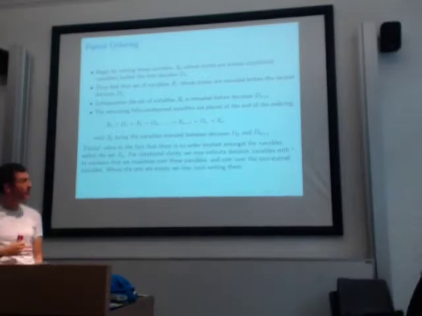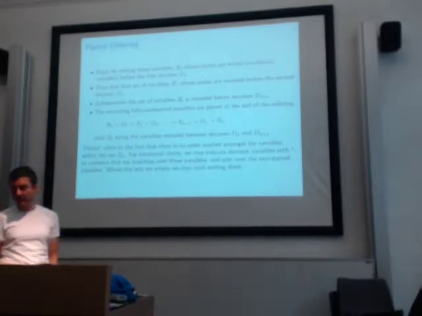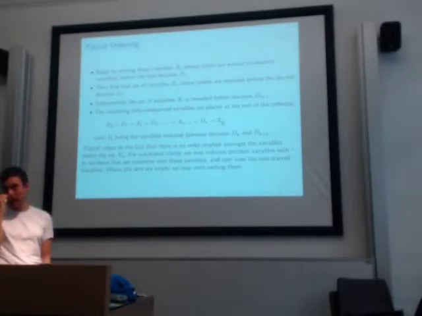You carry on like this, and you get this partial ordering, such that at the end, these are the collection of variables that are never revealed to you. You'll never know what they are. Another way to think about this is that the set of variables xk are those variables which are revealed between decision dk and your next decision dk+1.